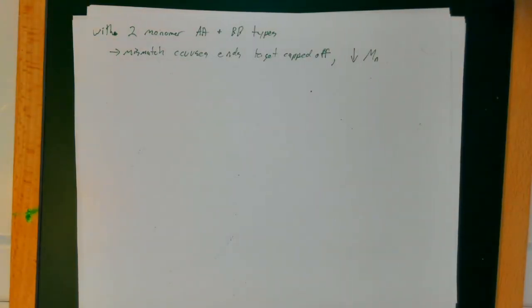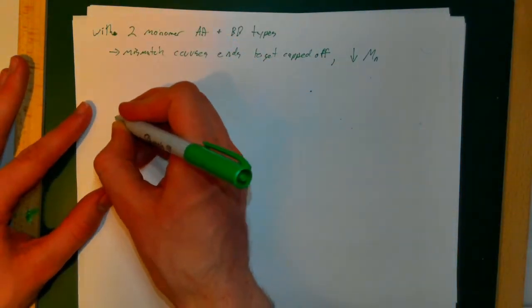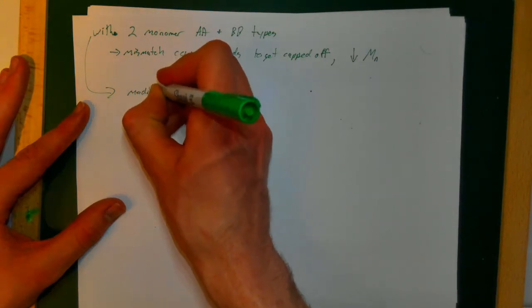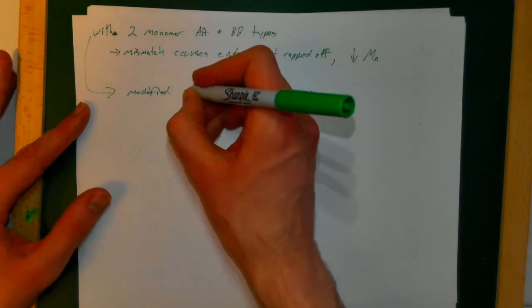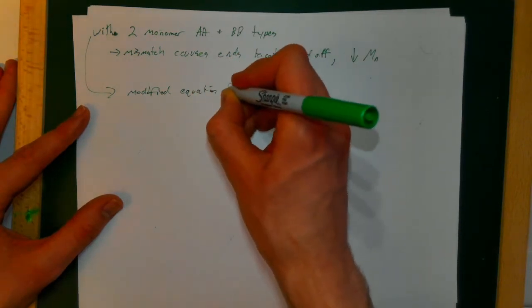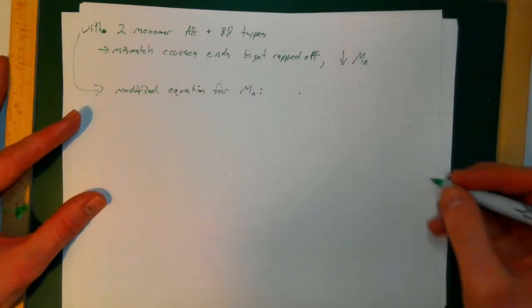So how do we describe this mathematically? Well, we have a modified equation for molecular weight. And what does it look like?